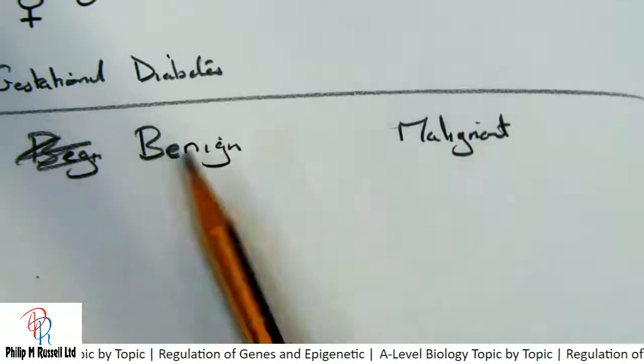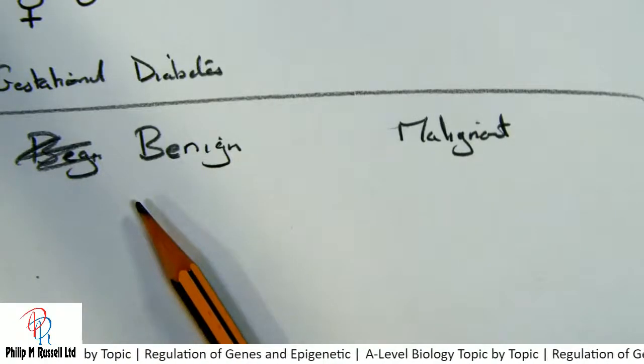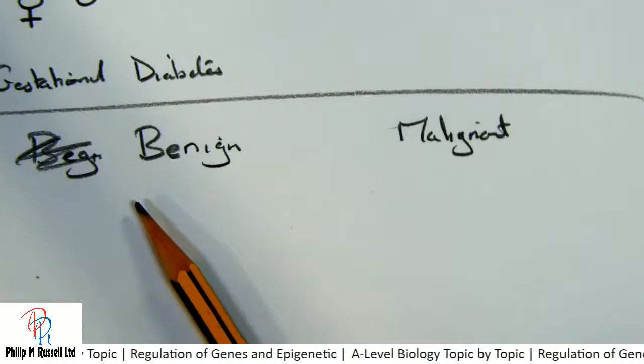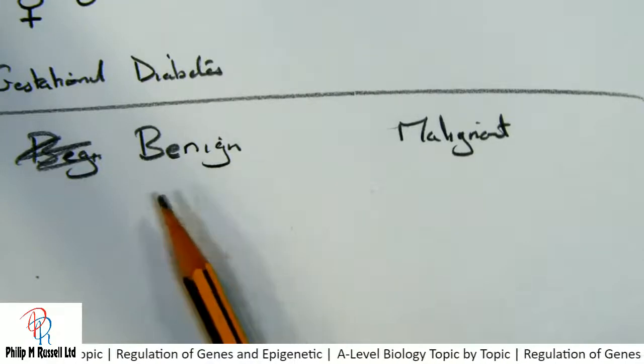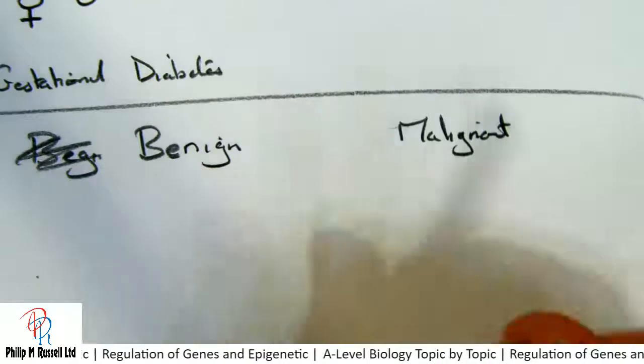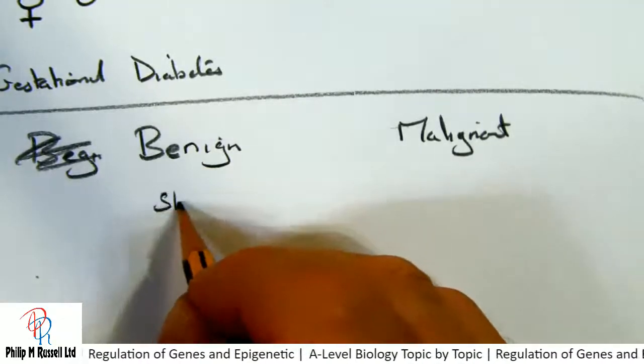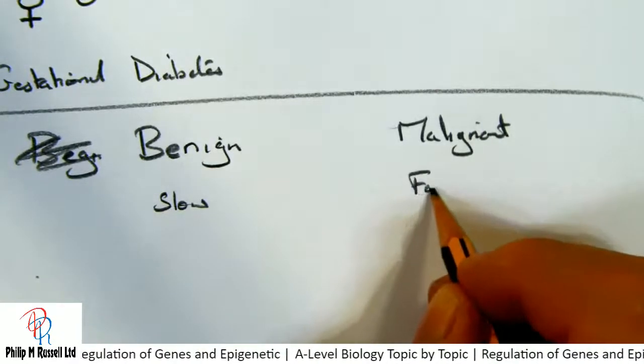Now benign tumours can grow to a very large size and they grow slowly. But the malignant ones typically grow quickly.